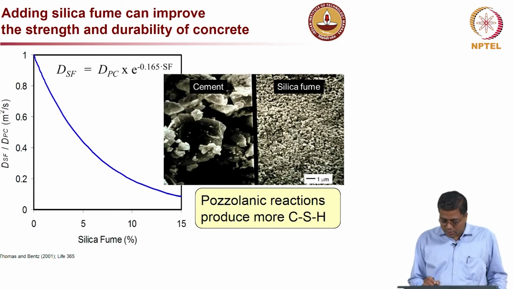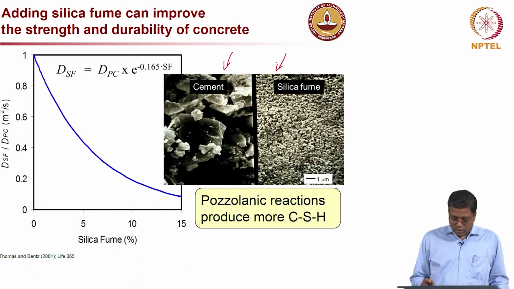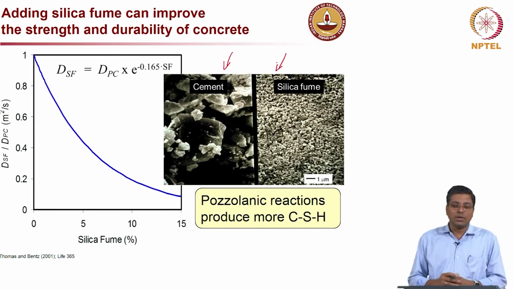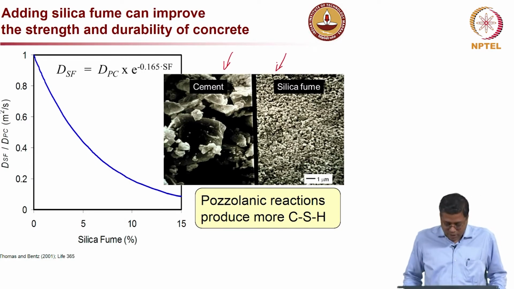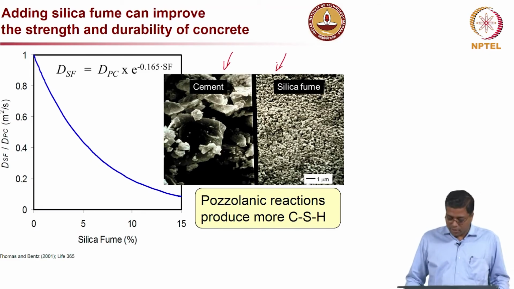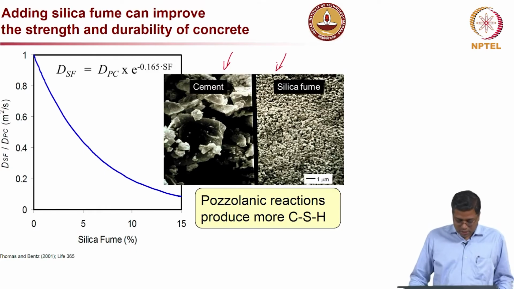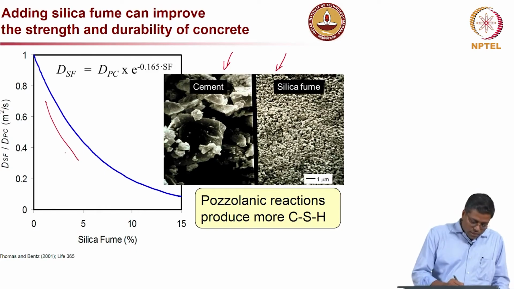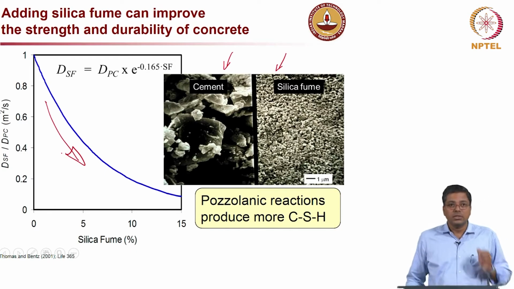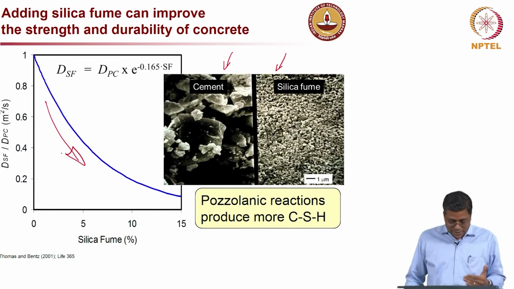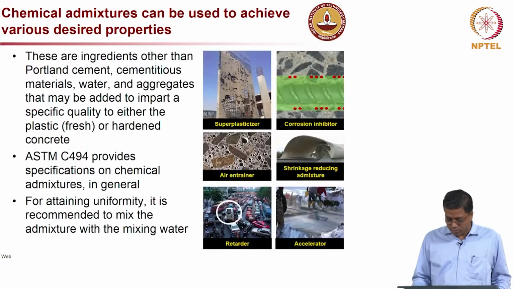As you see in this micrograph, cement particles are much larger than the silica fume particles. So, all the space between these cement grains, or the very fine pores available, can also get filled by the silica fume particles depending on the dosage. Definitely you can see the rate of ingress is going to be less when you add silica fume.